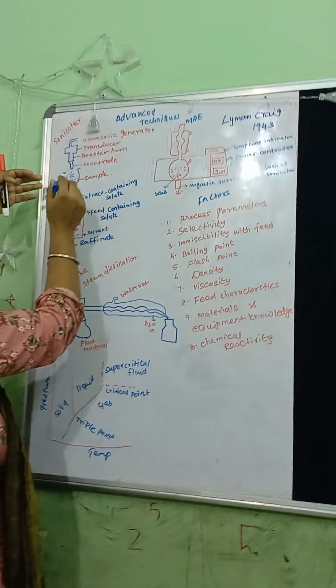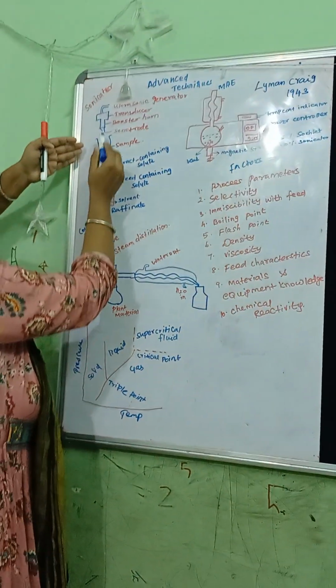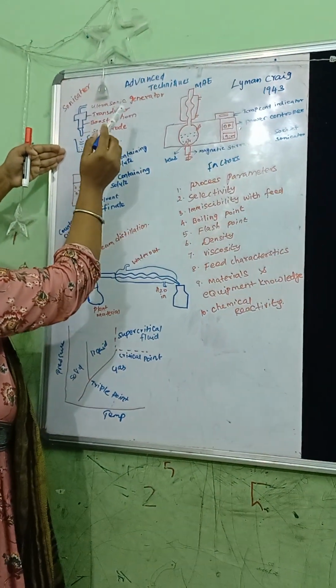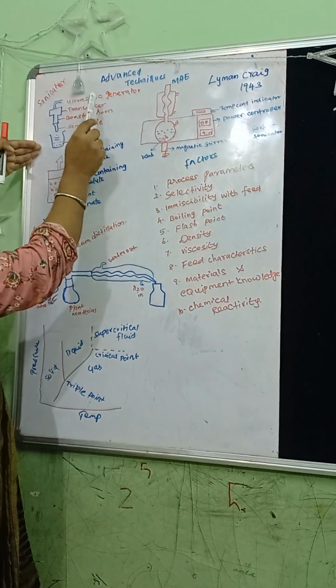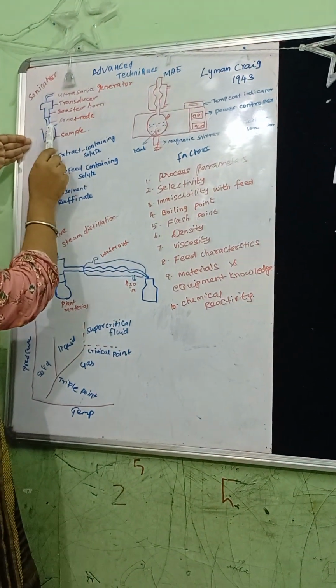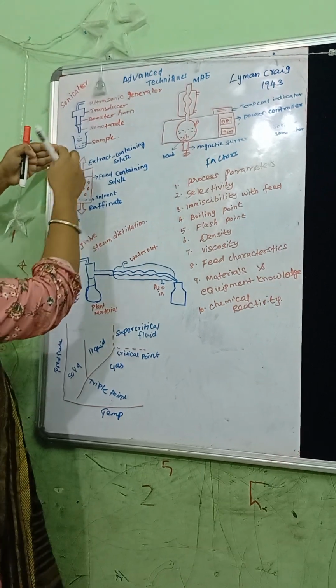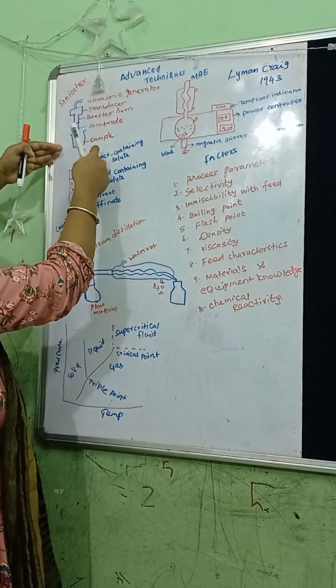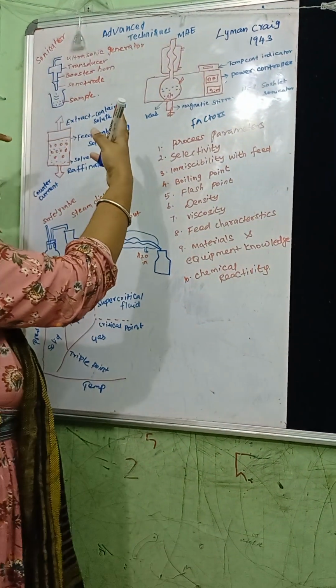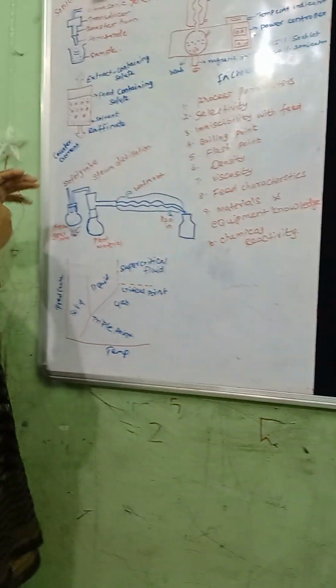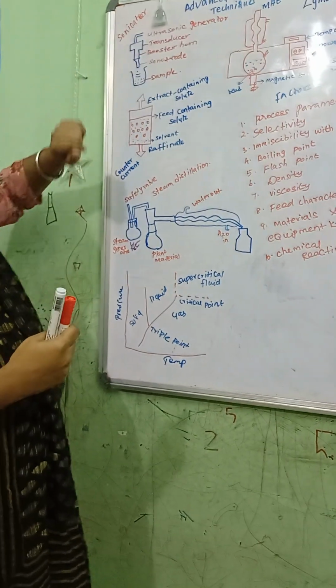With this probe we are entering into the sample. If we generate the ultrasonic conditions, the sound gives vibration. This leads to the agitation of the sample, that means the mixing of the sample. So this is called the sonicator extraction process.